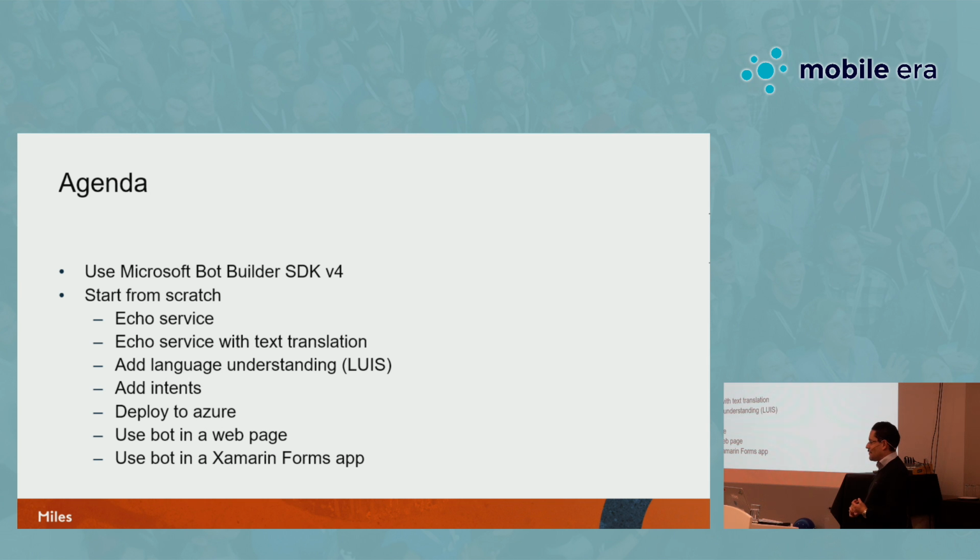And then for us to use it, we deploy it into the cloud, to Azure. And then we have two use cases: how we can use this bot in a web page, and also how we can use this bot in a Xamarin Forms application. Because if we can do that, then we can use it almost everywhere. We can use it on the web, or we can use it in our mobile.